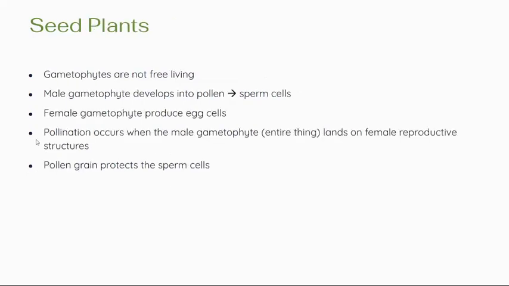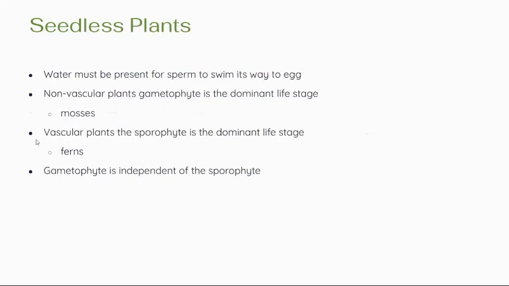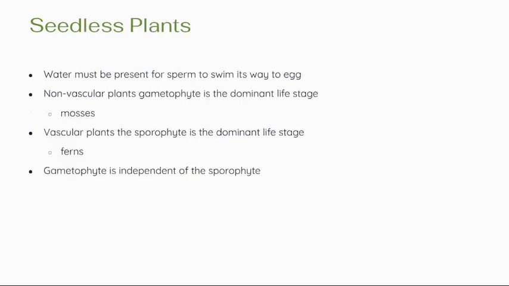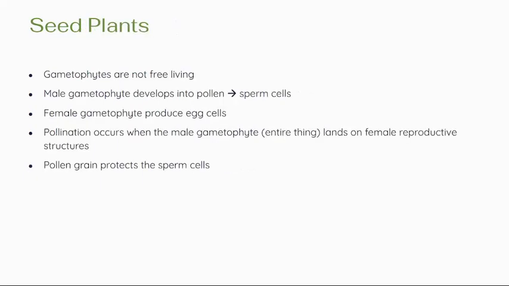In seed plants, the gametophytes are not free living. So their egg is just there. The egg can't move, but the pollen, the sperm, can move. So male gametophytes develop into pollen, which is also called sperm cells, and the female gametophyte produces egg cells. Now pollination occurs when male, yeah, I just talked about that.